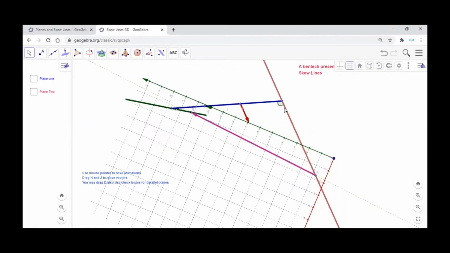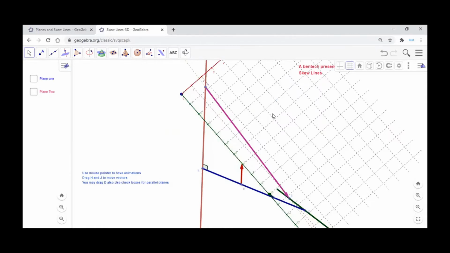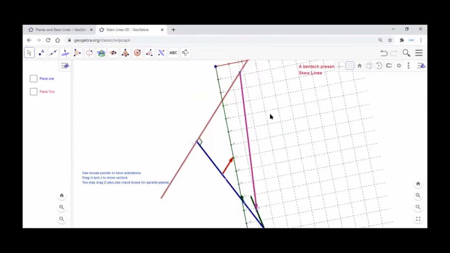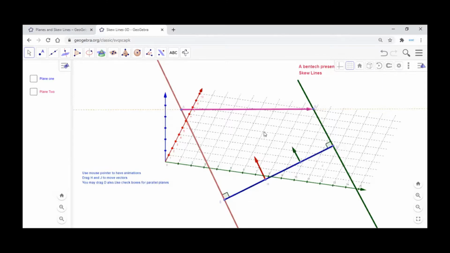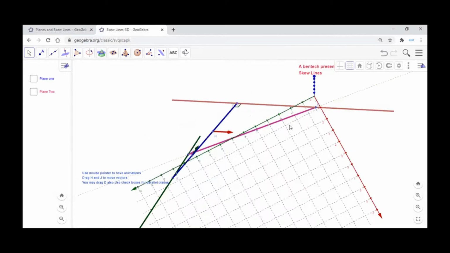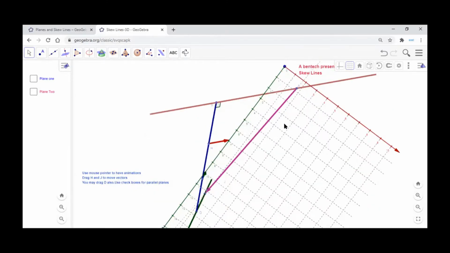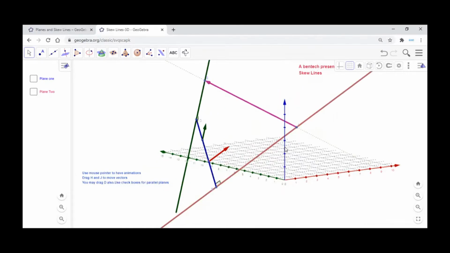If they are intersecting somewhere, green and red color, see, they are not intersecting, right? They are not intersecting, and are they parallel lines?